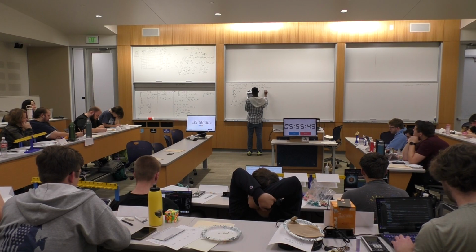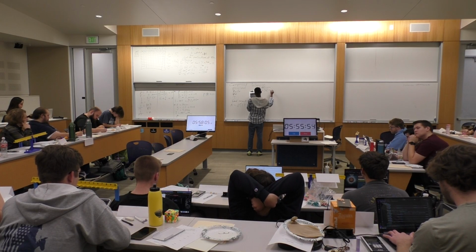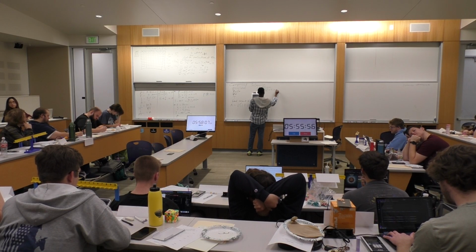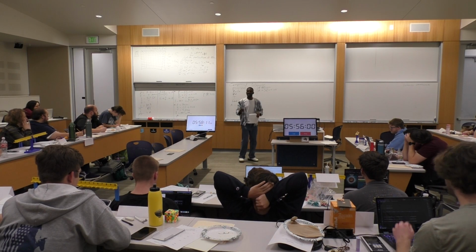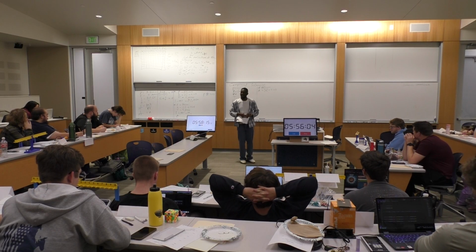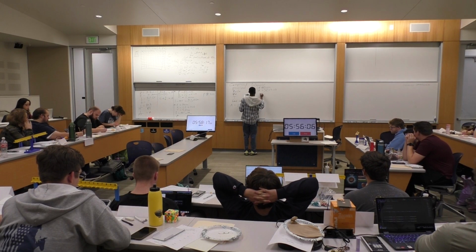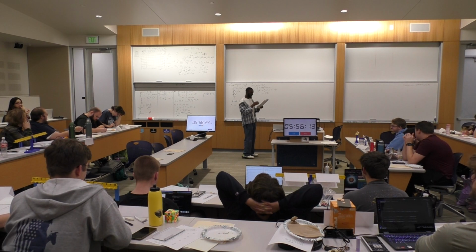Then our R is 5%, which is 0.05, compounded monthly. That means 12 times in a year, so our N is 12, for 10 years.